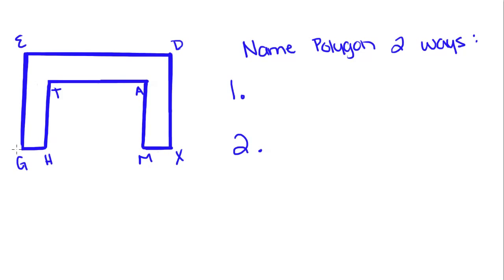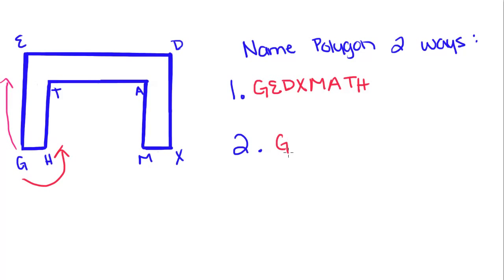So first we're going to go clockwise, starting with G. We're going to start G, E, D, X, M, A, T, H. Or we can go the other way, starting with G, H, T, A, M, X, D, E. So those are two ways to name that polygon.